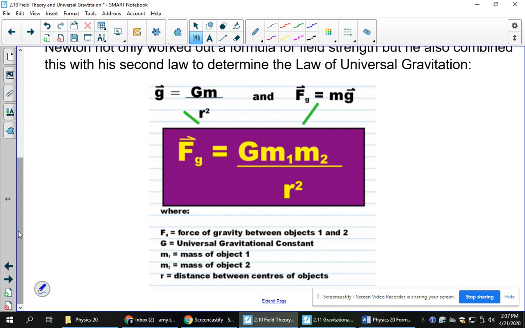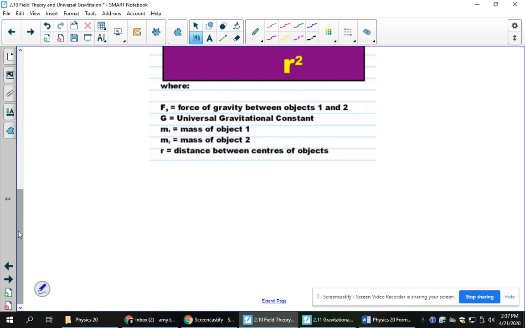So what this is talking about is the force of gravity between two objects. So you could figure out the force of gravity between yourself and the planet Earth because you have mass, Earth has mass, and you are a certain distance apart, which is the r squared on the bottom. So force of gravity, we always measure that in newtons.